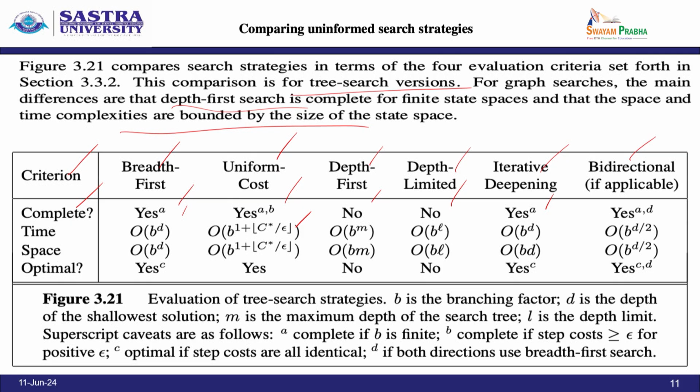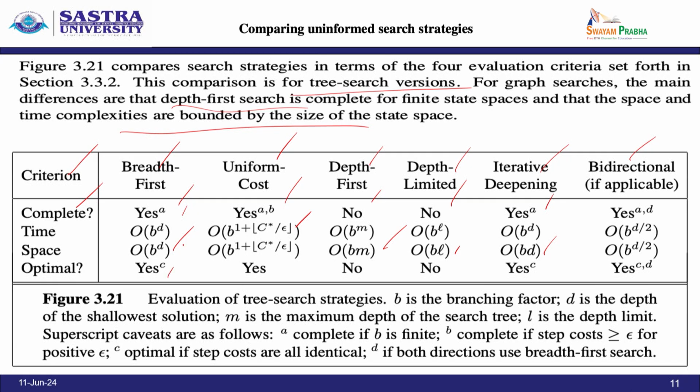Next, space: breadth first is order of b power d; uniform cost is order of b power 1 plus ceiling of C star by epsilon; depth first is order of bm; depth limited is order of bl; iterative deepening is order of bd; and bidirectional, if applicable, is order of b power d by 2.